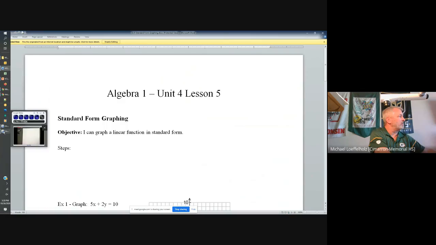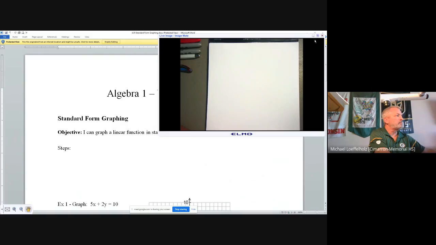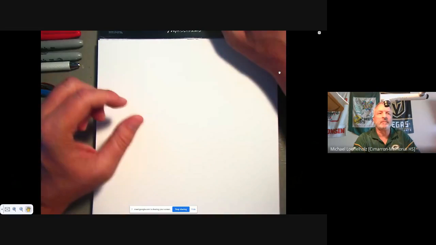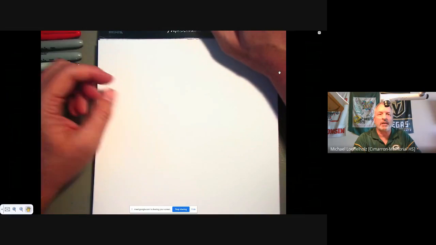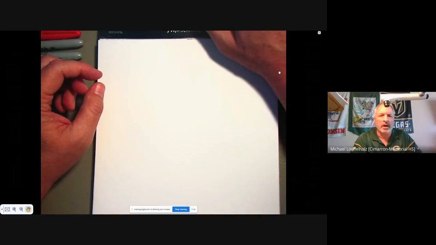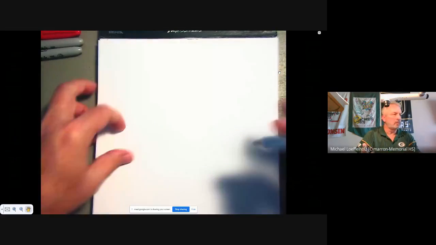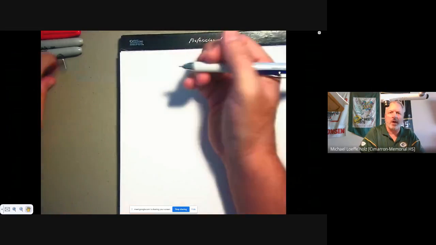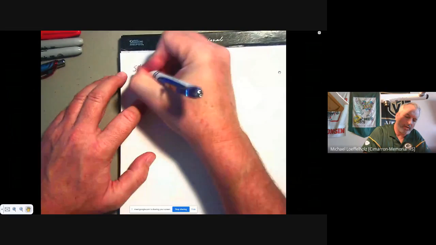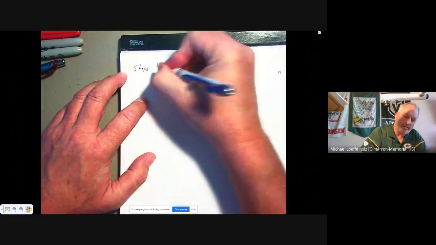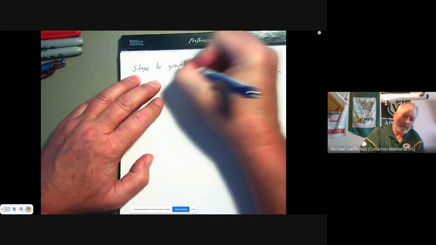Let me get to the right camera here. All right, sorry, I got to get in the right spot in my notes. Okay, 3 steps. Steps to graph a linear function from standard form.